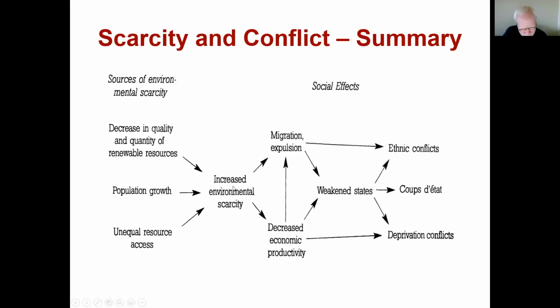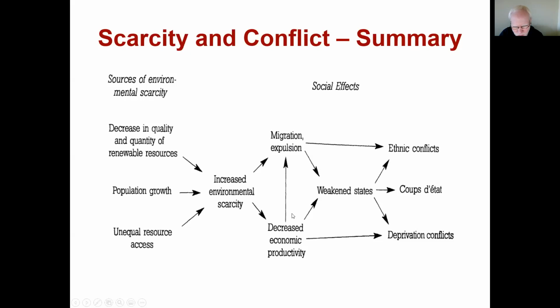Increased environmental scarcity also indirectly leads to migrant expulsion through decreased economic productivity. So it will lead directly, but it's also going to lead to decreased economic output, and because of decreased economic output, it's going to lead to migrant expulsion.